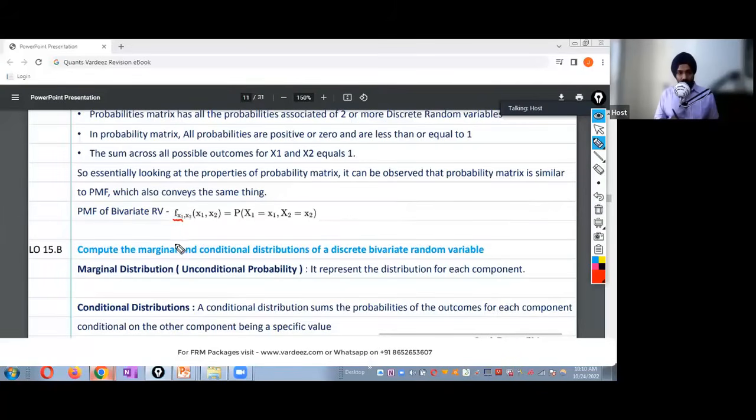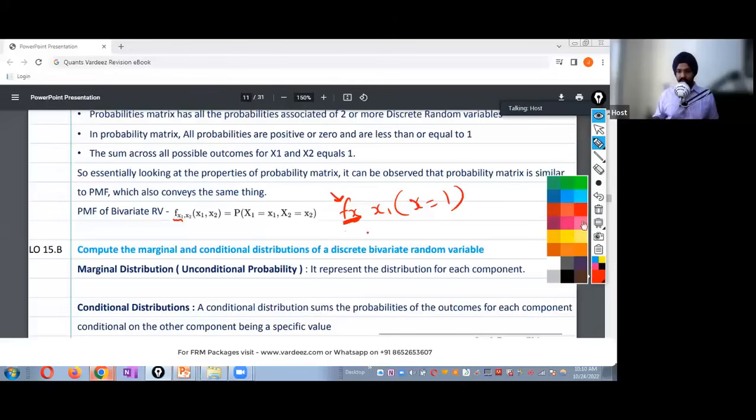Sometimes you will see f of x with x1. This f of x is also known as the random variable, but we cannot write "random variable" in the statistical format, so it is just written as f of x. I can even remove this and it will not make much of a difference.